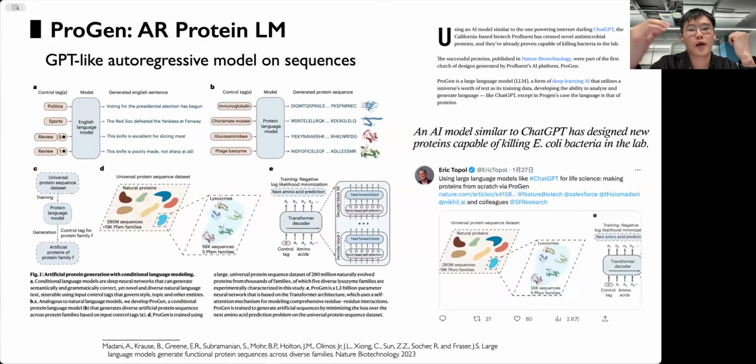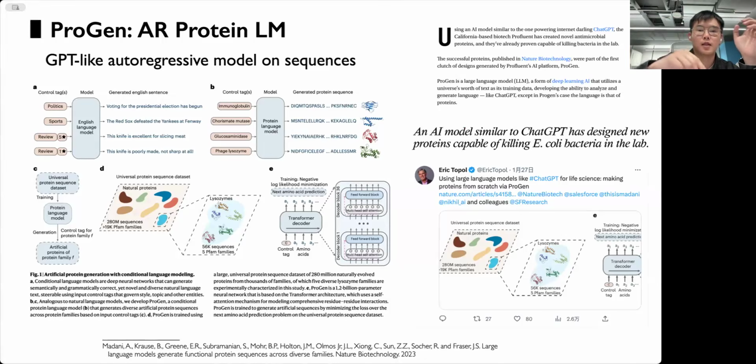And we also have a GPT-like autoregressive model for protein sequences. For example, ProGen is an autoregressive protein language model, and you can impose a condition as a prefix or tag before the sequence.